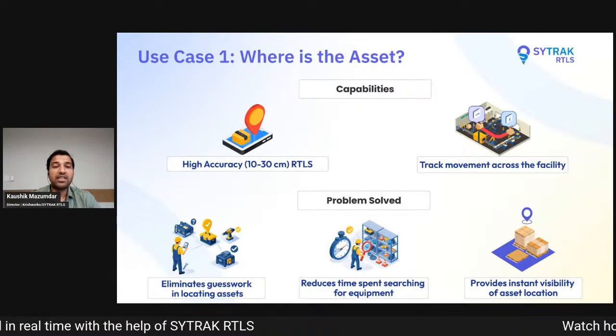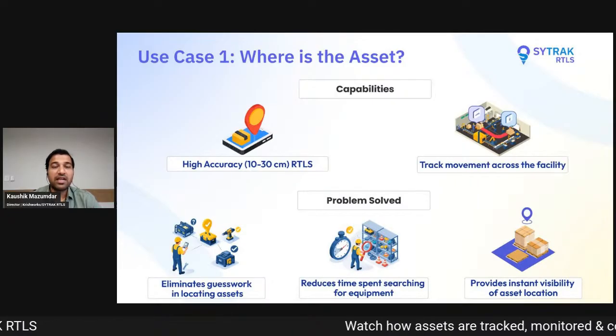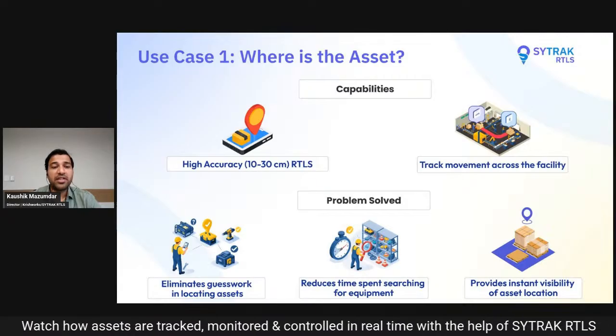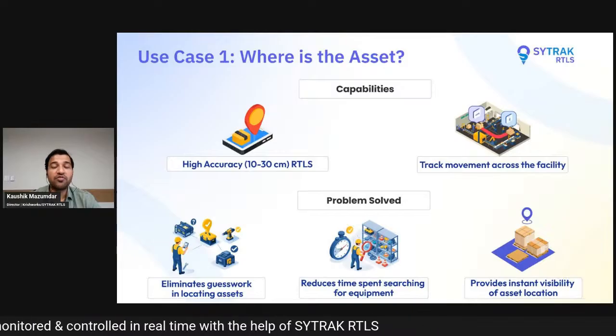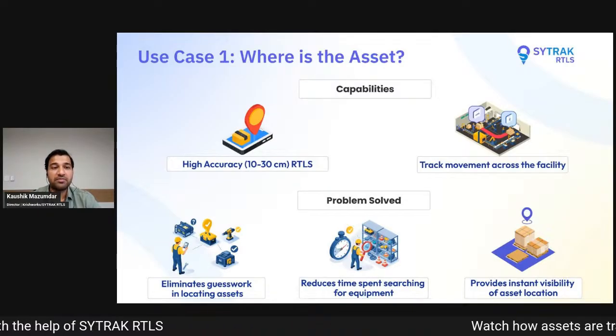So where the asset has moved across the facility, even historically, like in the last 30 days. The problems it solves are, it eliminates guesswork in locating assets, it reduces time spent in searching for equipment, and it provides instant visibility on asset location.